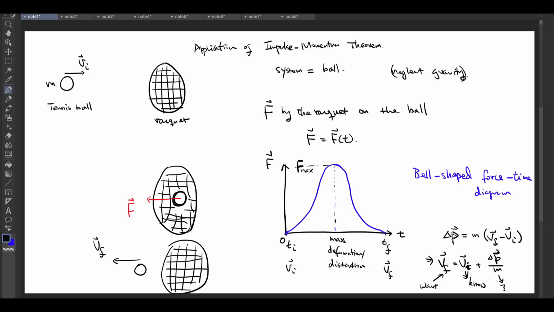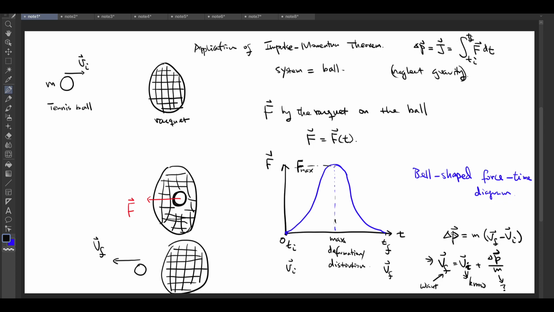So the answer is from the momentum impulse theorem, because it says that delta P equals J. Okay, and J is defined as the integral of the force from the initial to the final time.